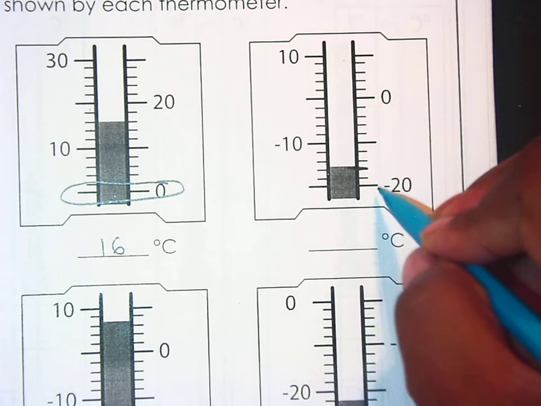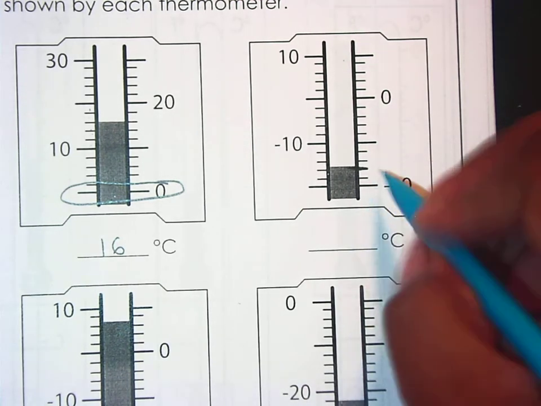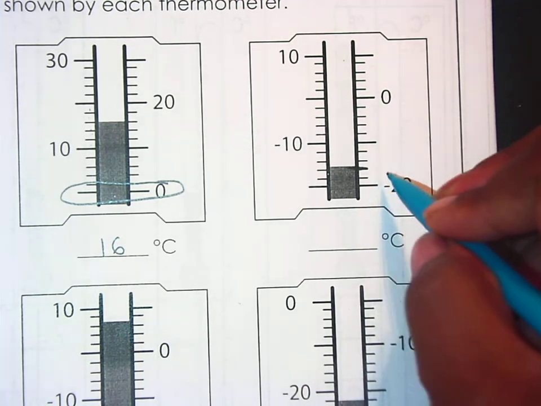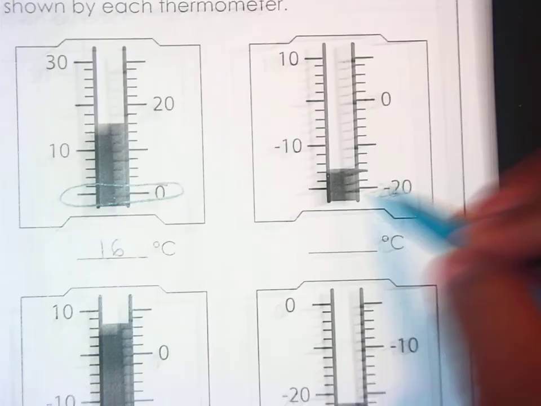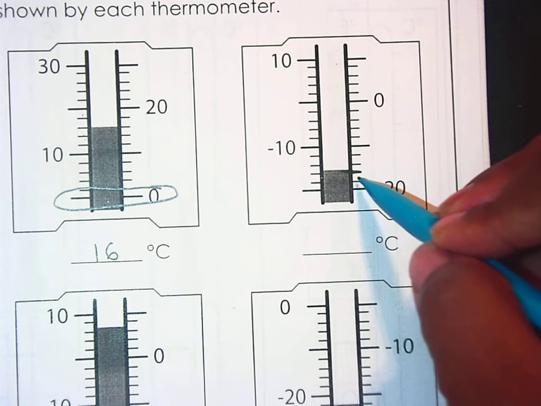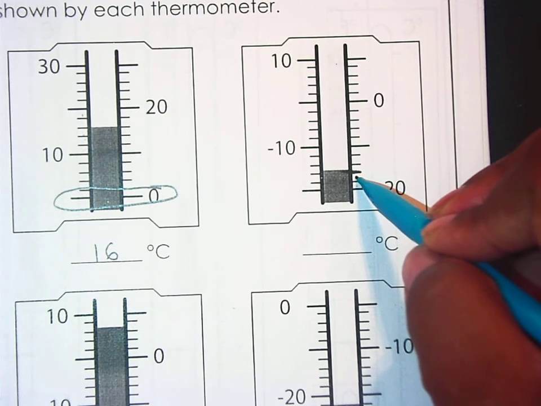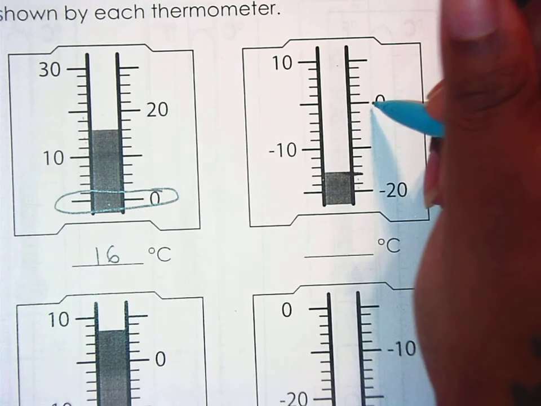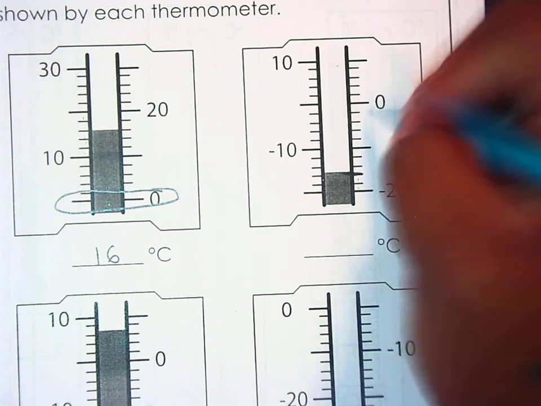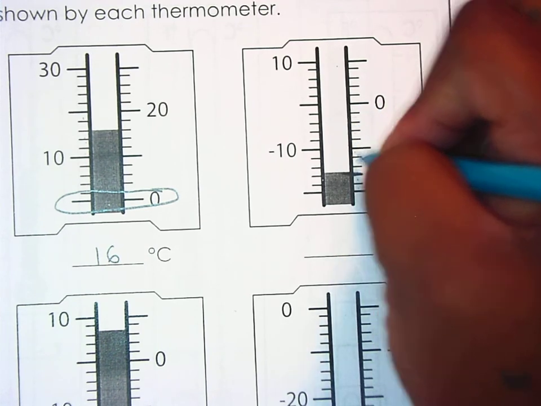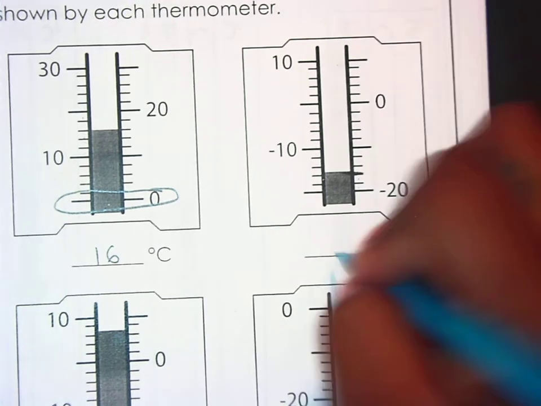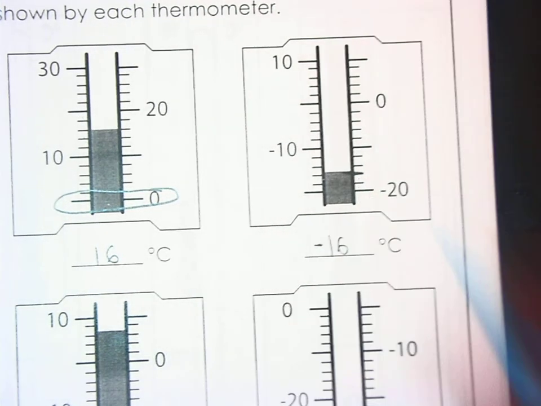Even though each space is still representative of 2, I'm going to subtract 2 from each one until I get to my positive side, since I'm still on the negative side. So I'm going to go negative 18, negative 16. Or I can just start right here on my 0 and count up by 2. So 2, 4, 6, 8, 10, 12, 14, 16. The answer is still going to be negative 16 degrees Celsius, okay?